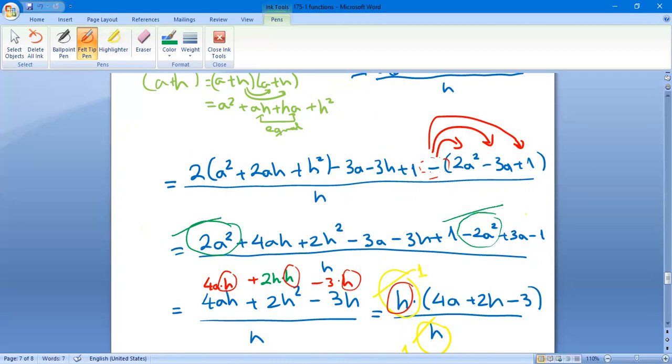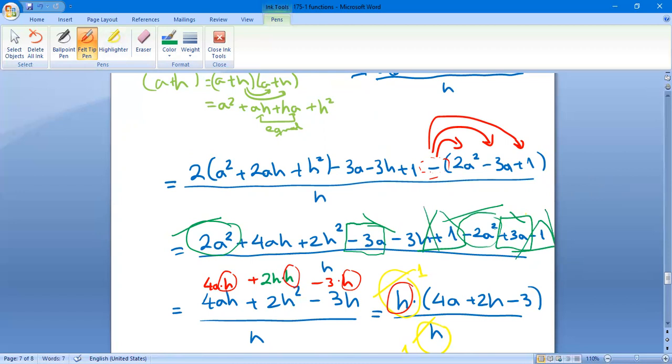And then 3a and minus 3a cancel. And plus 1 and minus 1 also cancel out. Well, then what have we remained?